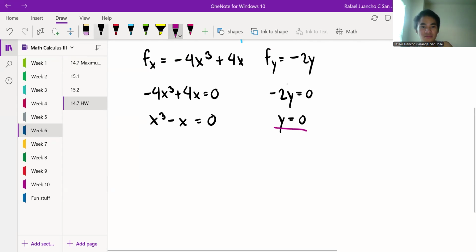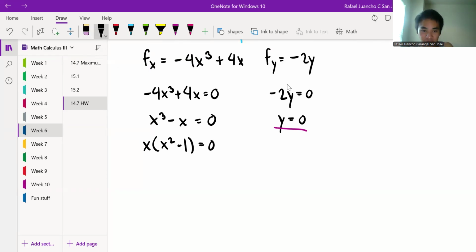Here I could equate these two. Or better yet, I could factor it out. There we go. And then from here, we see that x is 0. Here we see that x squared minus 1 is 0.